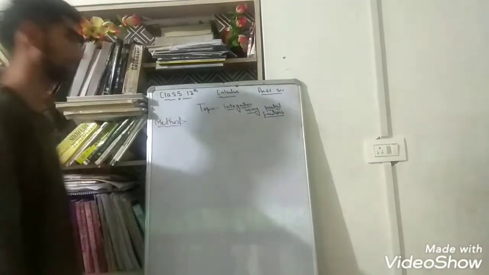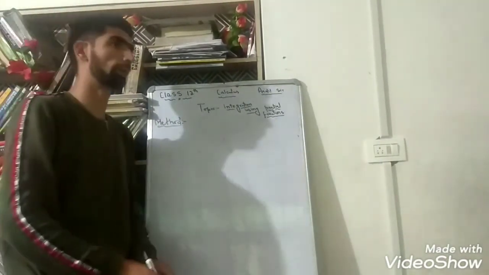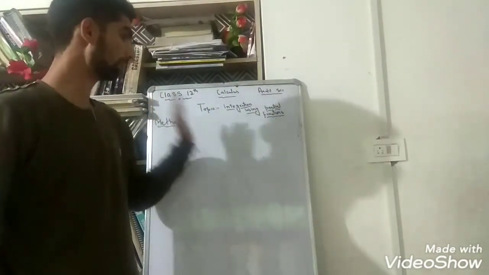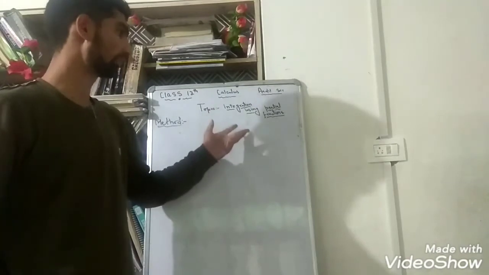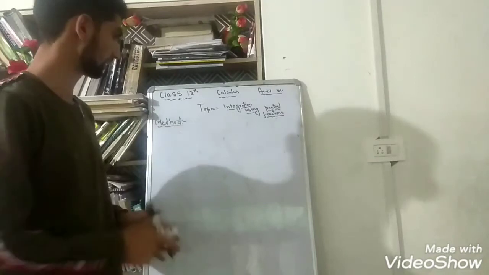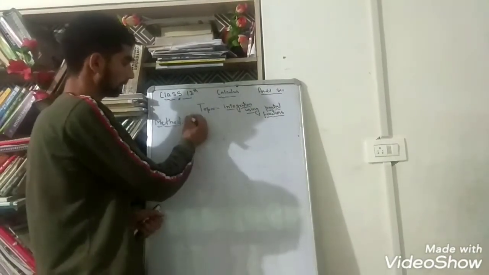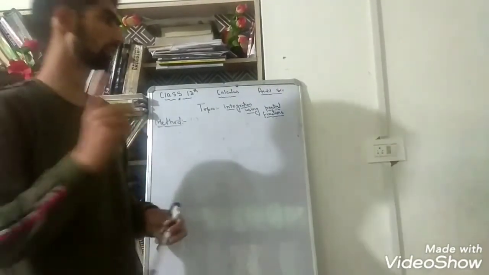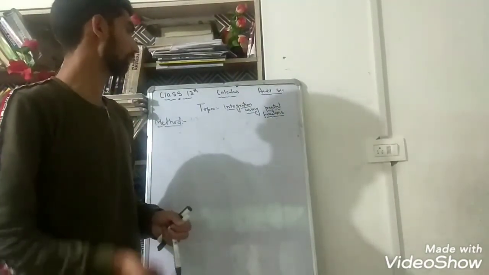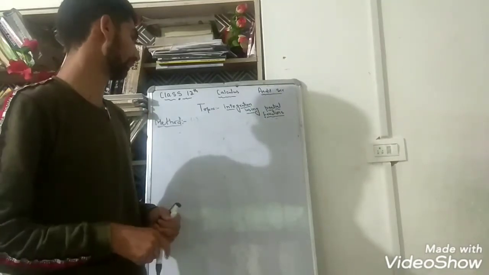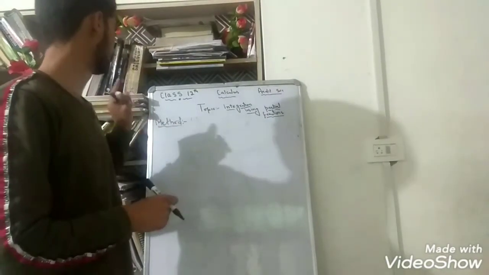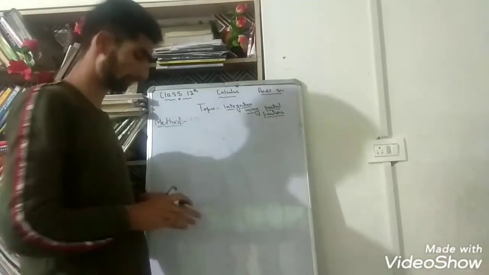If you have a proper fraction, you have to convert it into a sum of rational fractions, or a sum of partial fractions. But if you have an improper fraction, you have to convert it as a sum of some function and a proper fraction, and after that you can apply this method. So we are going to define the method based on the proper fraction.